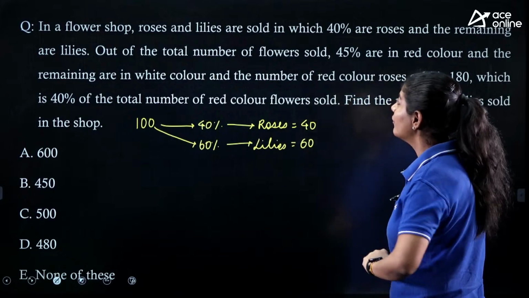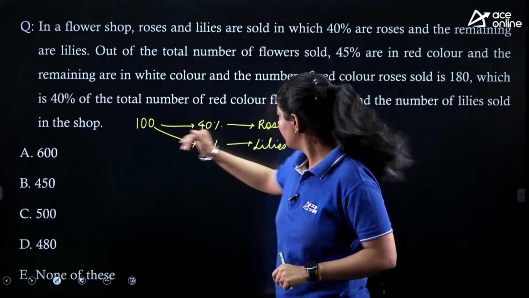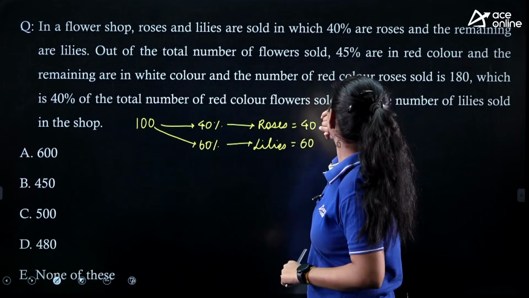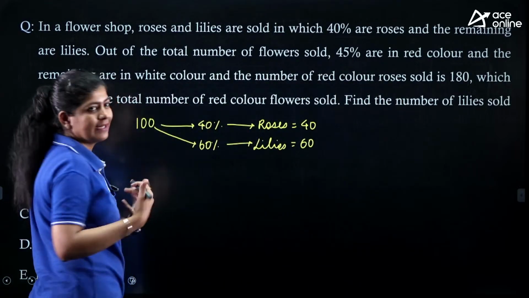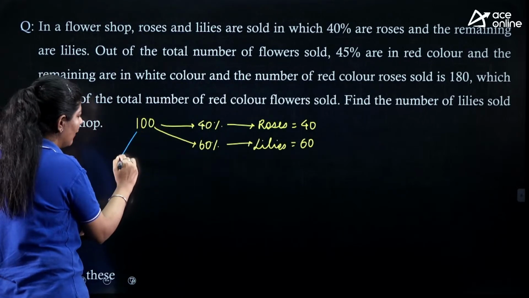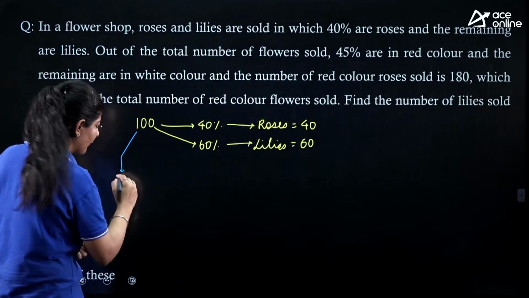Next line. Out of the total number of flowers sold, that is nothing but again 100, 40 plus 60, 45% are in the red color. So again, instead of writing it again, I am just assuming that this is the total number of flowers sold. 45% of 100 is nothing but 45.